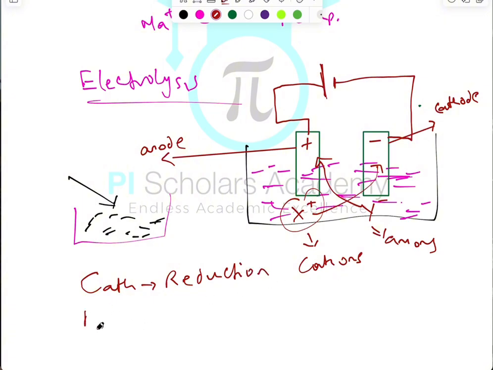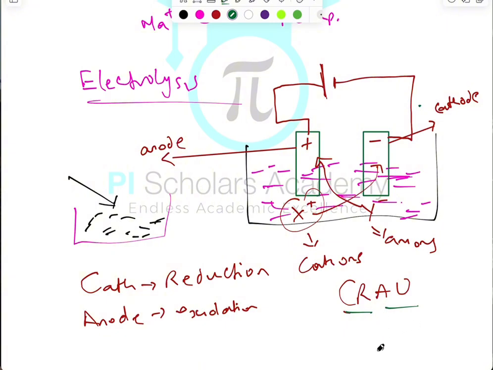And at the anode, what usually happens there is oxidation. So you can take note of this. Cathode reduction, and anode oxidation. Cathode reduction and anode oxidation.